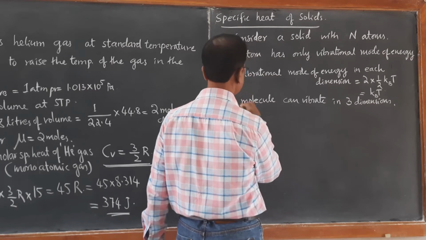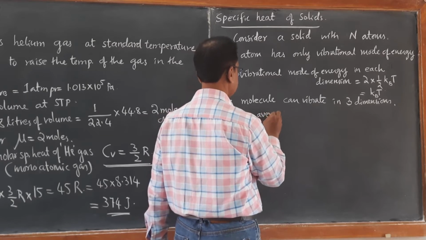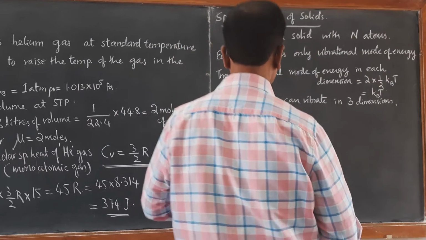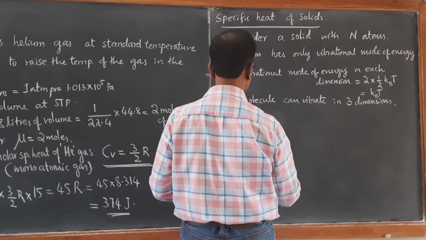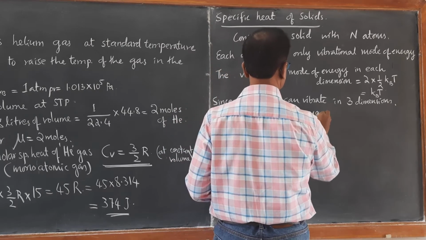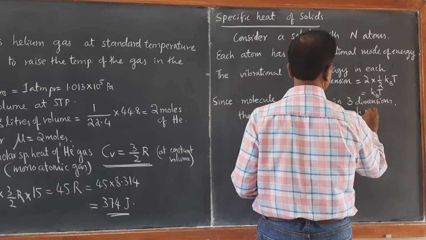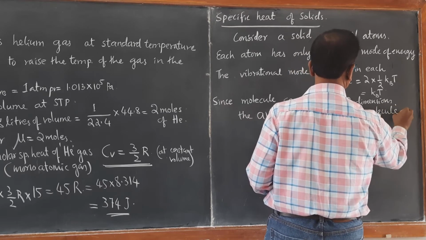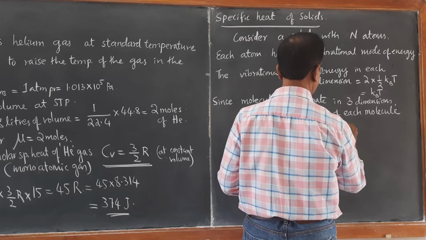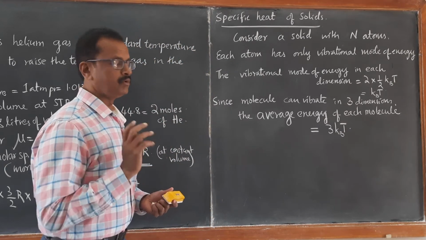Then, since the molecule can vibrate in 3 dimensions, the average energy of each molecule becomes equal to 3kBT. Now we will calculate for 1 mole.